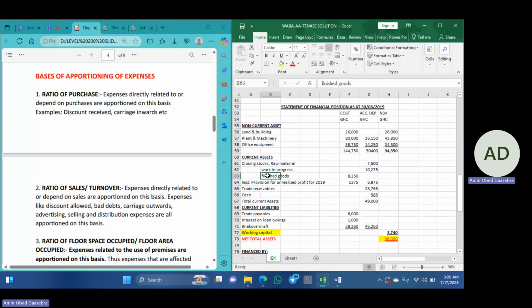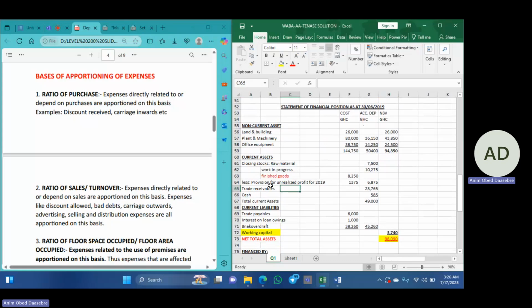But when you pick the final products, we have to do some adjustments on them before we take the final or net amount to add to the work in progress and the raw material, so that we can get the actual closing stock value for the three items.